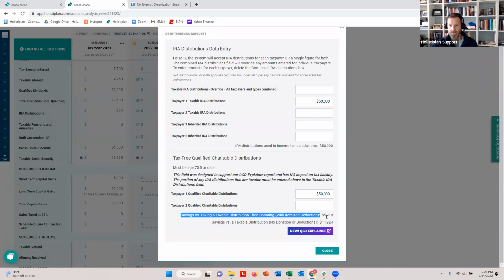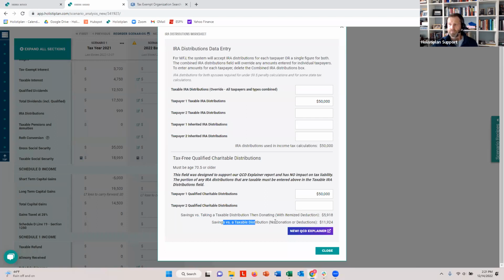So we're already saying this QCD is better than if you took a full $100,000 distribution and then did a $50,000 donation that would be itemizable on Schedule A. And the savings versus just taking the taxable distribution and not donating anything at all.